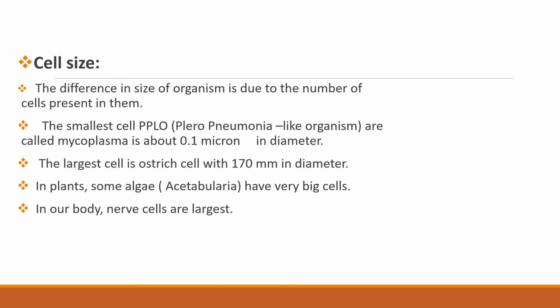For example, nerve cells in the lion, elephant, and rat are long and branched, but they perform the same function, that of transferring messages from one body part to another. So cell size does not depend on body size, but it is related to the function.